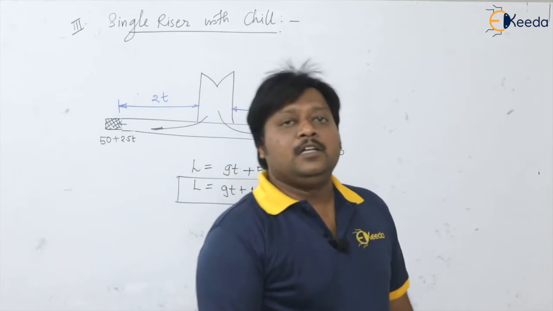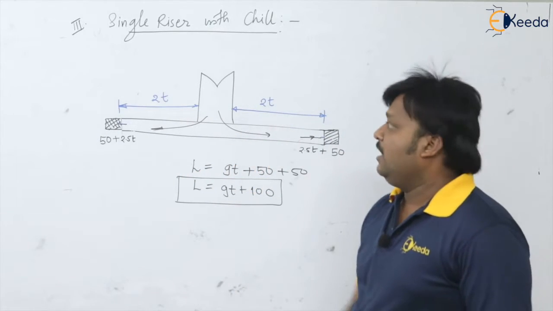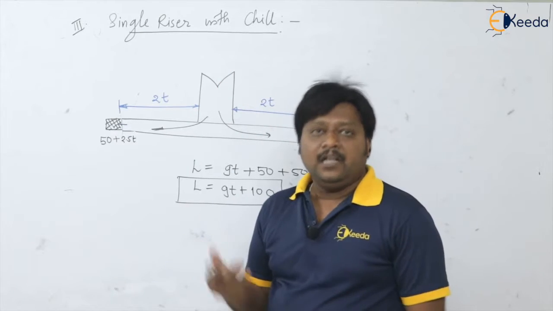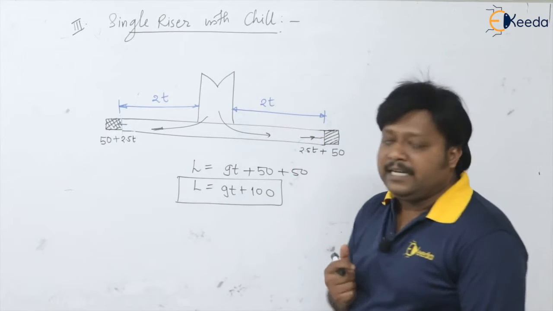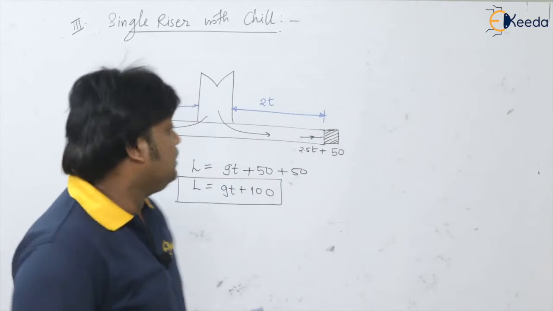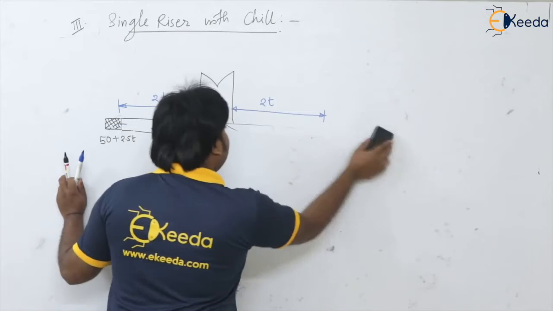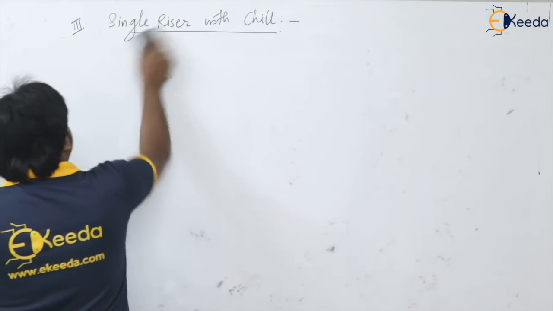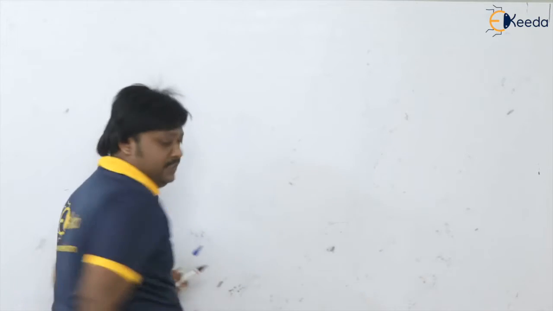Understood? So these are the three conditions for a single riser. Now what I am saying is that the A by V ratio is very large, genuinely, for plate or disc shaped castings. How can we feed the casting?